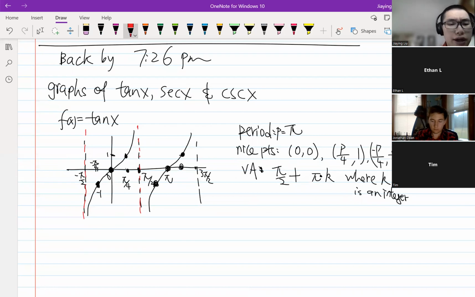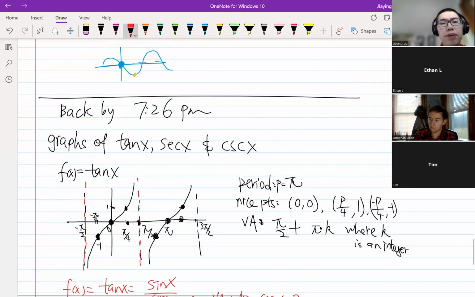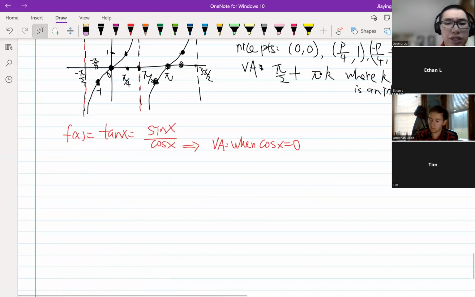If you forget to memorize this rule, you can always think about f of x equals tangent x, which is sine x over cosine x, right? So the vertical asymptote happens when cosine x equals 0. If you go back to the cosine function, let me just quickly sketch it.